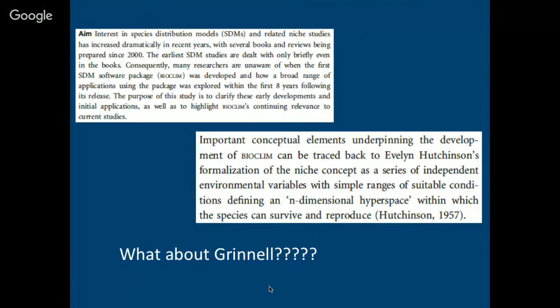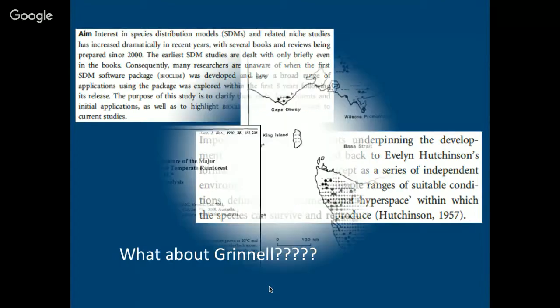I would say, well, what about Joseph Grinnell, who formalized the niche concept as a set of requirements on the part of each species? Anyhow, nobody's denying the importance of Hutchinson's contributions, but let's not forget about deeper history when we're reminding people of history.